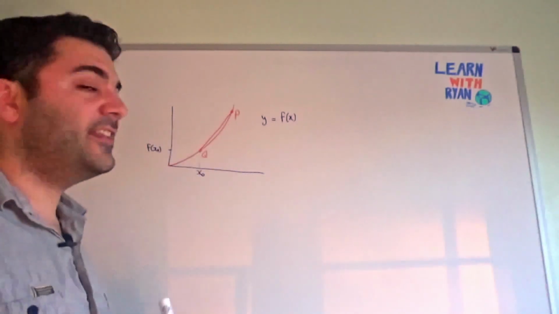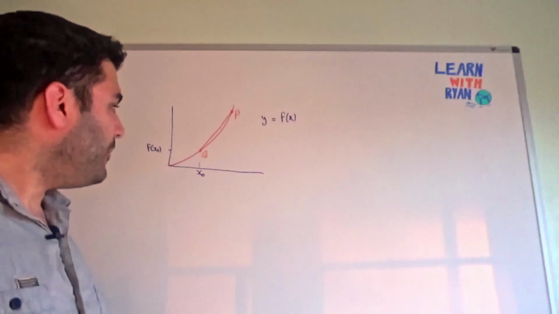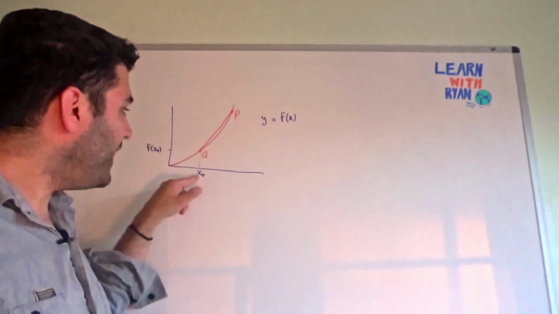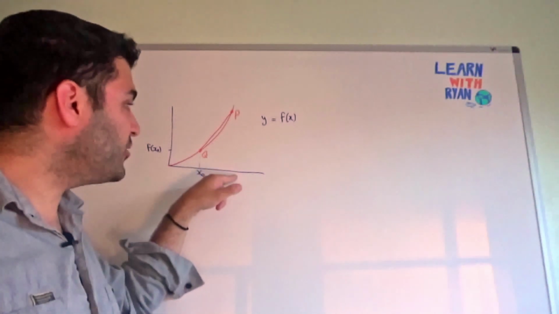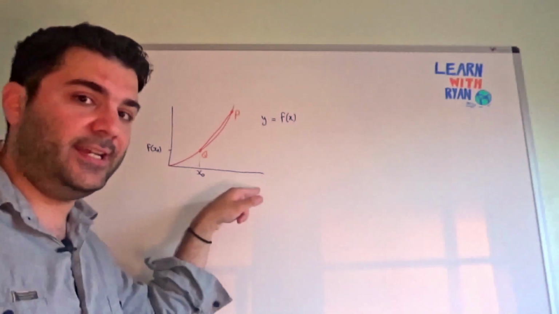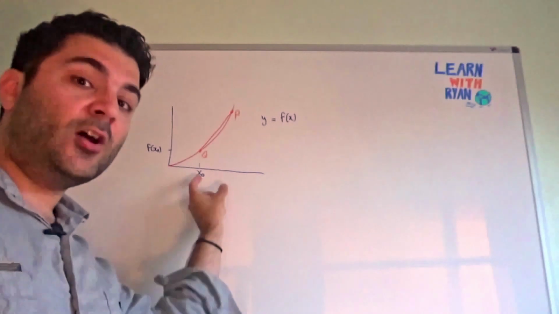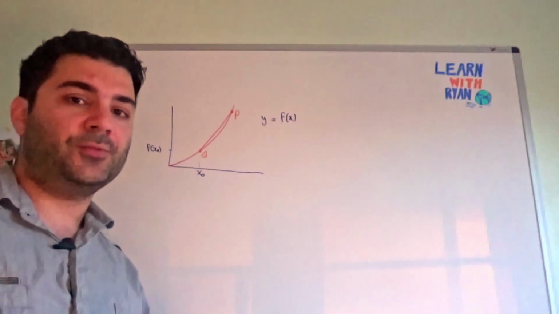Now let's consider the x coordinate and y coordinate of P. Let's suppose that to go from the x coordinate of Q to the x coordinate of P, we have moved h units. So we've moved a particular distance, which I'm going to call h.